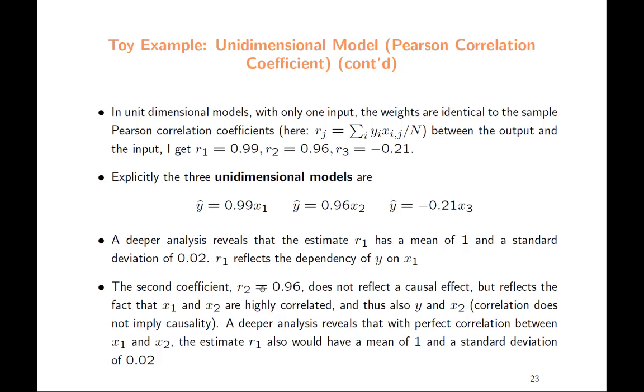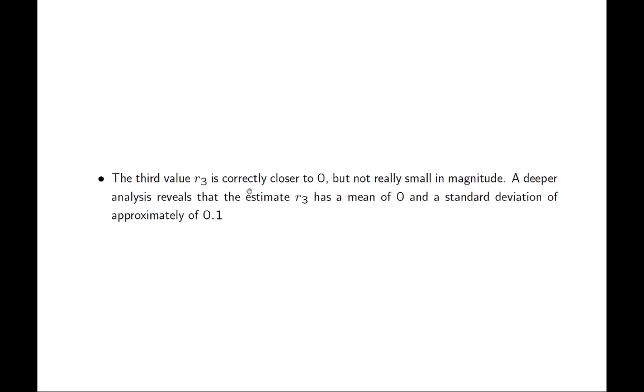So that's the same as here. And the third one has a mean of 0, so the mean would be the real one because everything is uncorrelated, and a standard deviation of approximately 0.1.